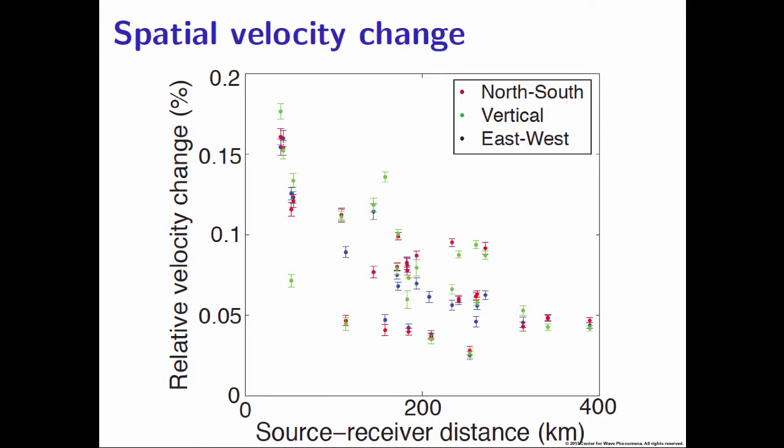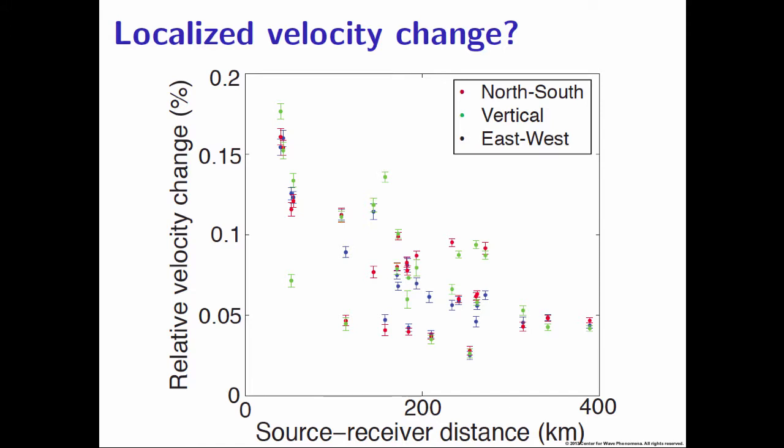Given this decrease in sensitivity as you move away from your source location, how much are these estimated velocity changes a representation of the localized velocity change within the subsurface, that is, the in situ velocity change?